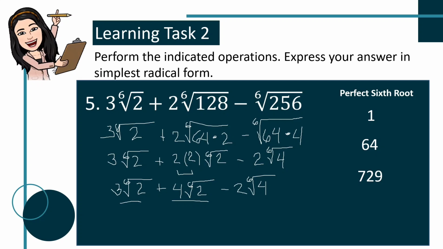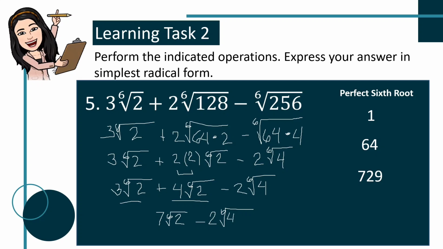Aadin lang natin ang ating coefficients. 3 plus 4 is 7. Next is, ano gagawin natin sa kanyang radical? Kokopyahin lamang po natin. At ang index nito ay 6. So, 7 sixth root of 2 minus, how about yung 2 sixth root of 4? Kokopyahin lamang ulit natin yun.